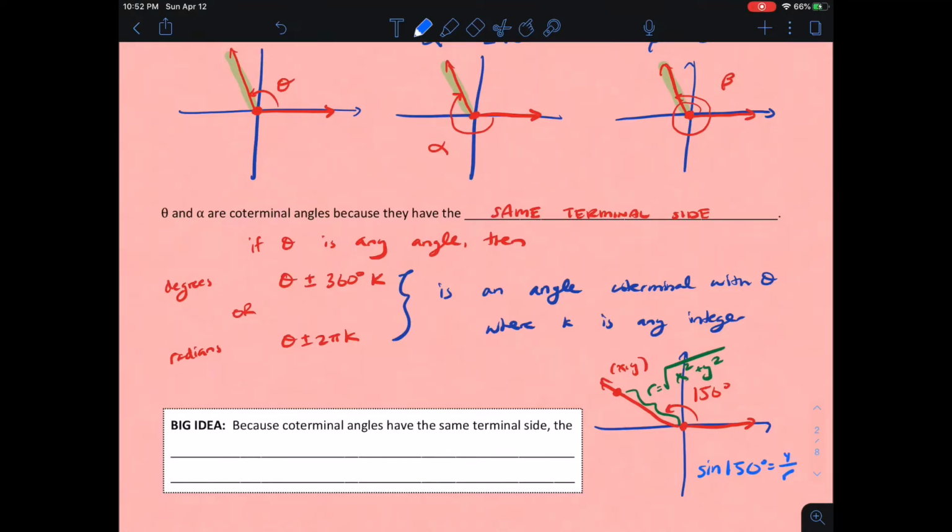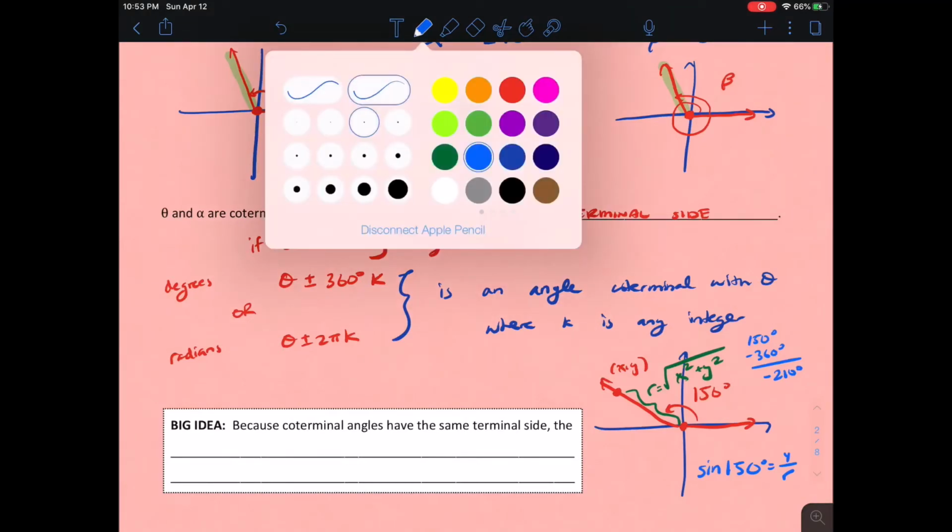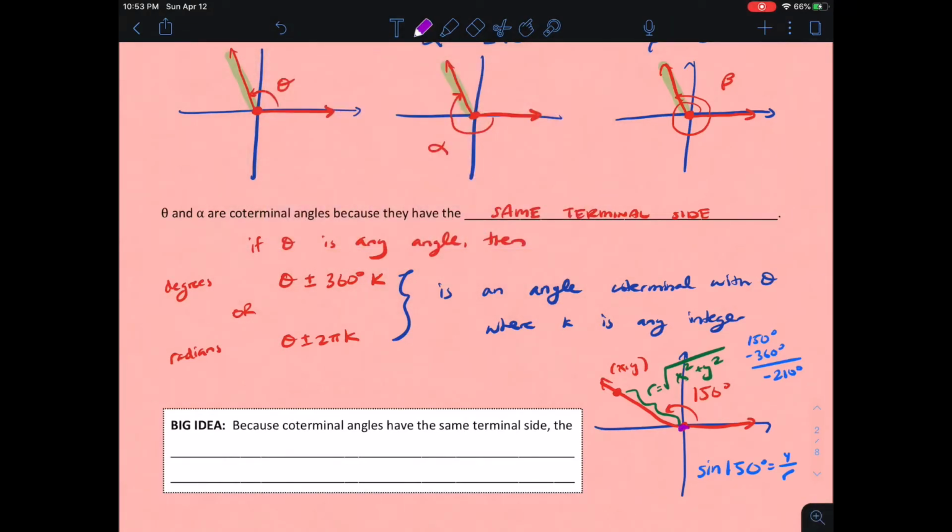Now, instead of using 150 degrees, what if I took an angle that was coterminal to 150? Let's say I did 150 degrees minus 360 degrees. That'll give me negative 210 degrees. Let's draw that in standard position. Negative 210 would mean I go clockwise 210 degrees. You notice they have the same terminal side. So if I asked, what is sine of negative 210 degrees?